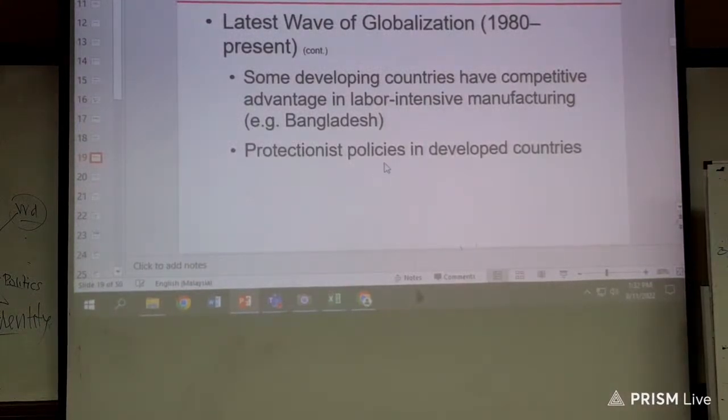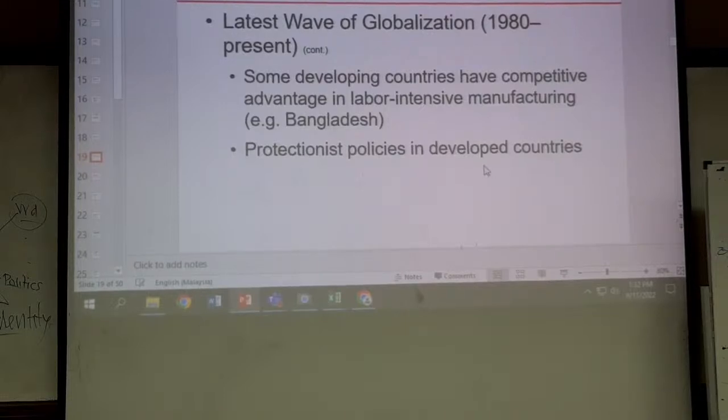Protectionist policies in developed, rich countries. You shouldn't say developed, just say developed. I'm just making extra emphasis for you to differentiate between developing, which is not rich, and developed, rich.